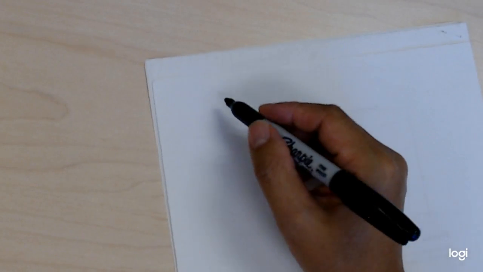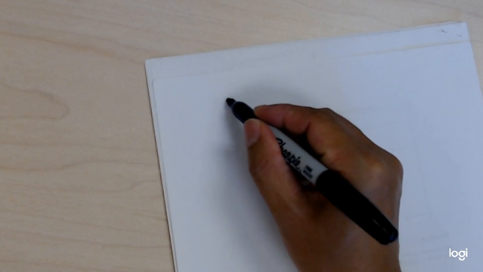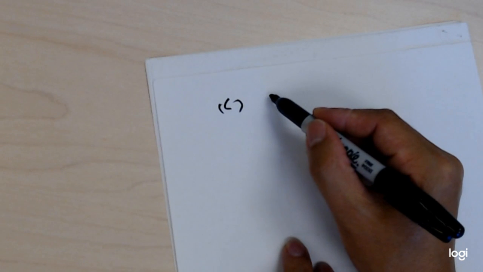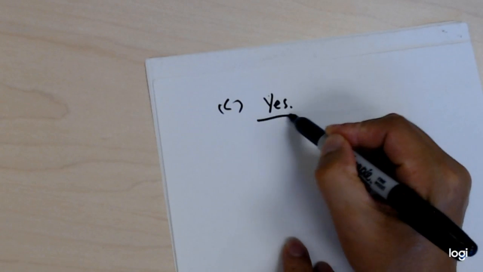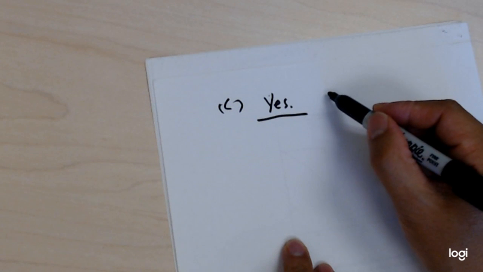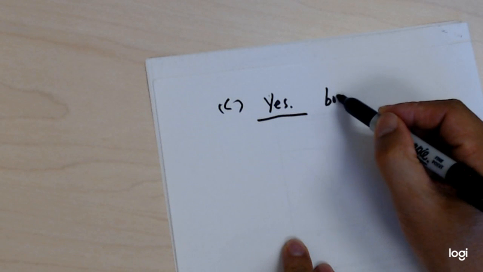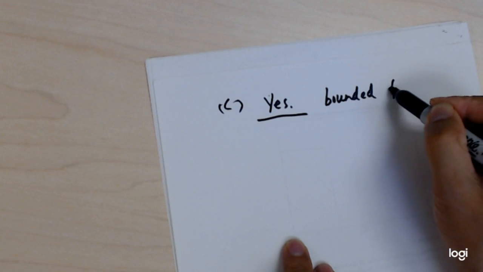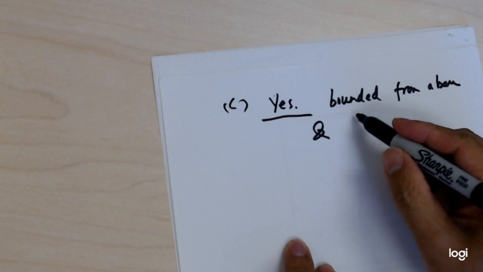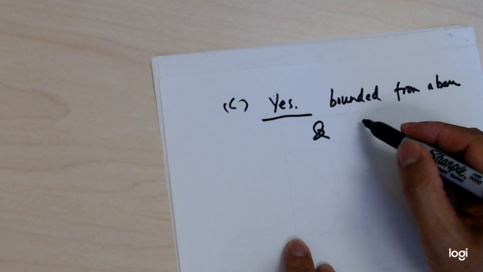Part C, it is asking for the associated sequence. Sorry, not associated sequence, associated series. C: Is the sequence convergent? You're going to say yes. The reason is because it's bounded from above and increasing, right?